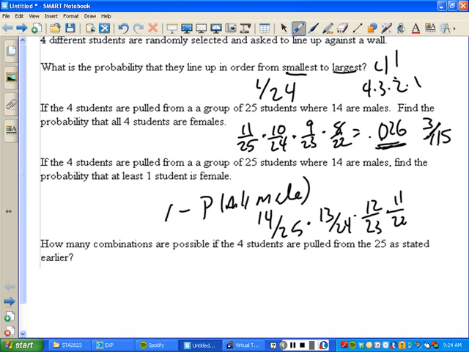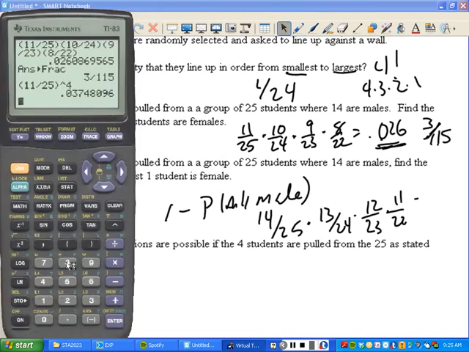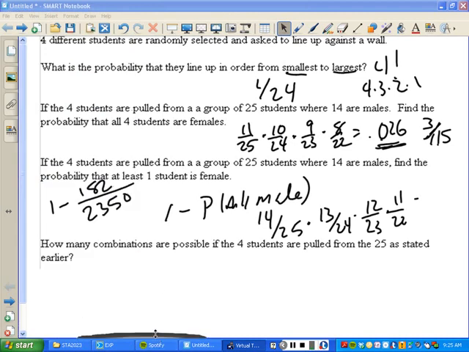Minus they're all male. So the top number is 1, doing that quickly in my head, it looks like this is 1 minus, the top is going to be 14 times 13 times 12 times 11, and the bottom is going to be 25 times 24 times 23 times 22.